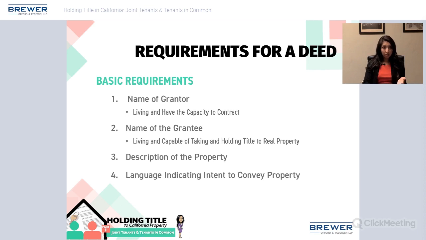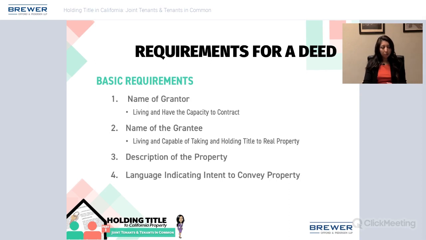So a non-valid deed is John Doe grants property to grandchildren and any future grandchildren. 1, there's no description of the property, and 2, there's no names. He just says grandchildren. Who are the grandchildren?